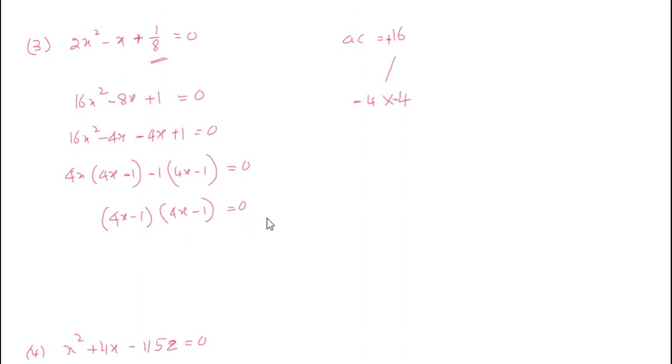Equating individual terms to 0, 4x minus 1 equal to 0, 4x equal to 1, therefore x equal to 1 by 4. The second root is also the same. The roots are equal here.